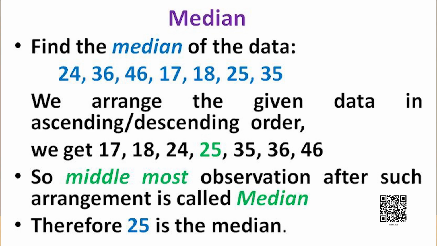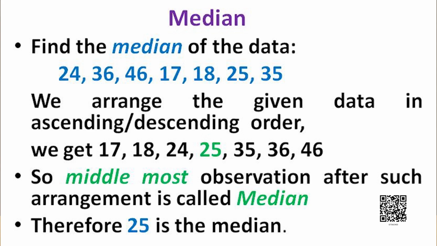Yes, you are right. 25 is in the middle, and after 25 we have 3 numbers, and before 25 also we have 3 numbers. So 25 is in the middle. So we will say this middlemost observation is called median.